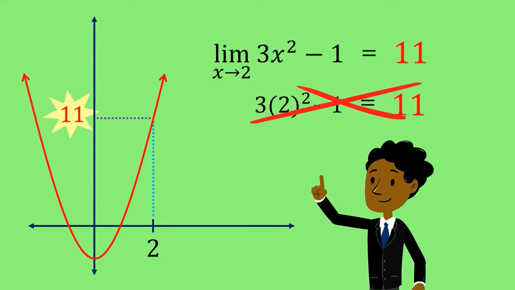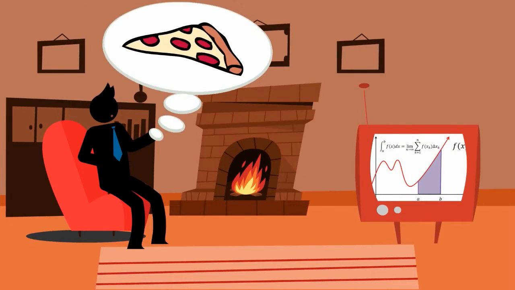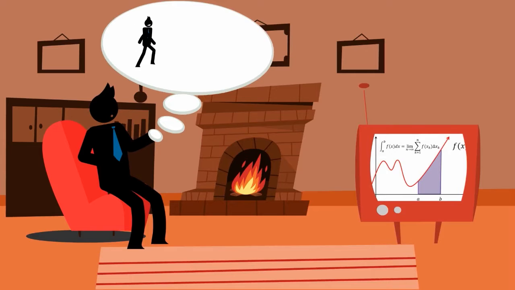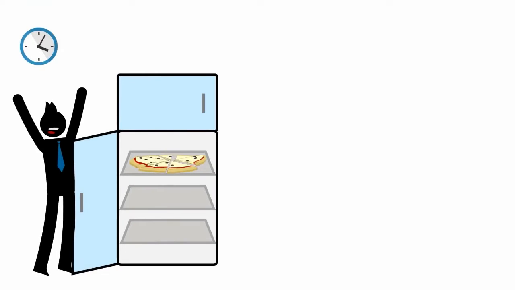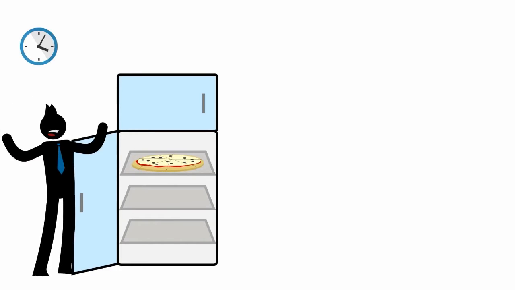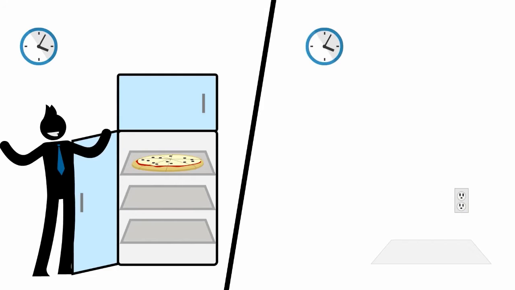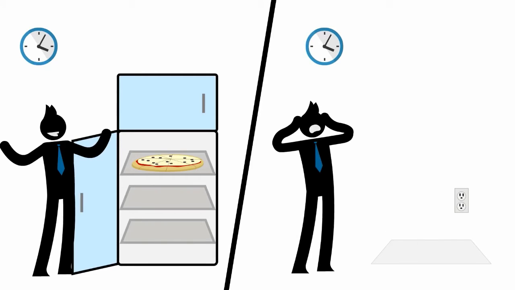Let's cover this by going back to our pizza analogy. Like before, you've been struck with a craving for pizza. So you are headed towards the fridge for a quick snack. Now, in one scenario, the fridge is there, loaded with pizza, and you can easily satisfy your craving for pepperoni. But in an alternate scenario, the fridge is gone, possibly stolen by pizza-craving ninjas, and you are left empty-handed.